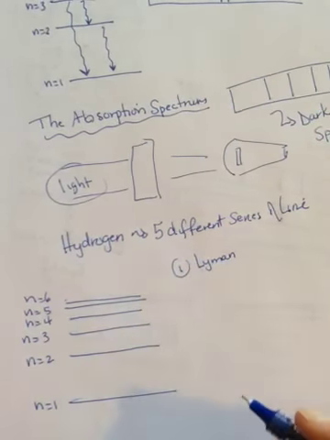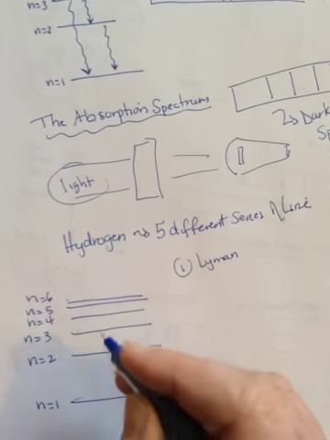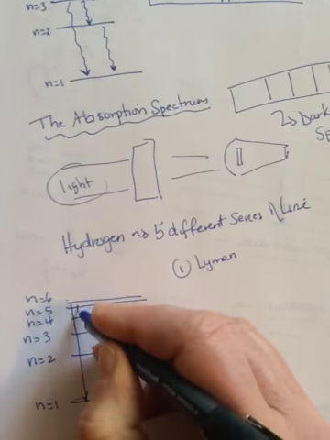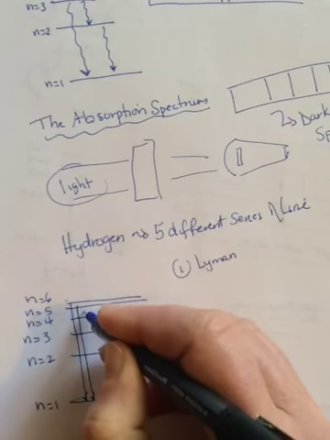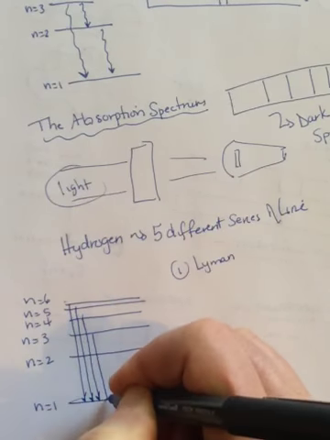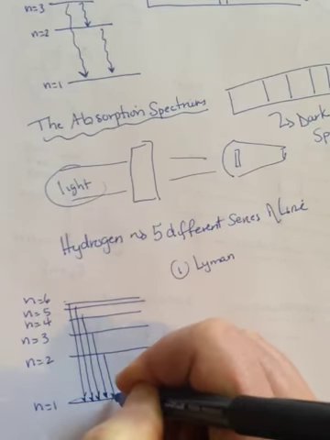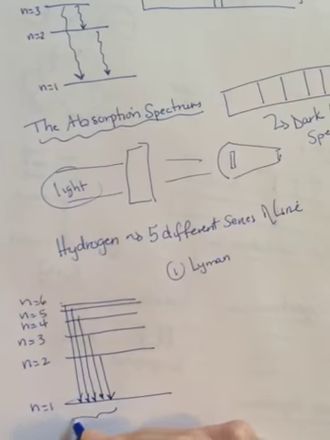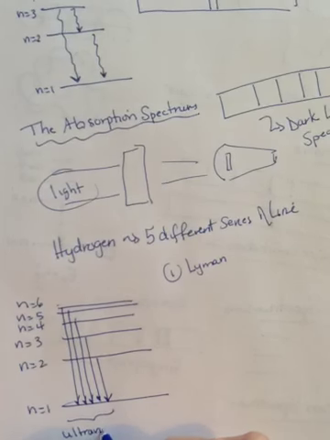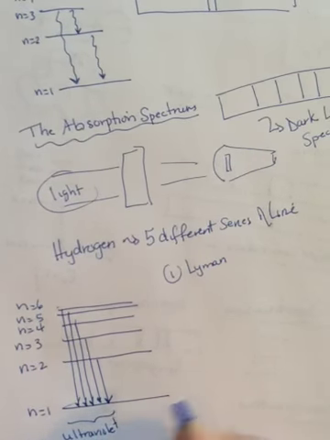And the Lyman Series is when photons fall from any higher level down to n equals 1. Okay, so when a photon falls from anywhere above down to n equals 1, you get the Lyman Series, and these guys are in the ultraviolet part of the spectrum. So we can't see them, but our computer can detect them.